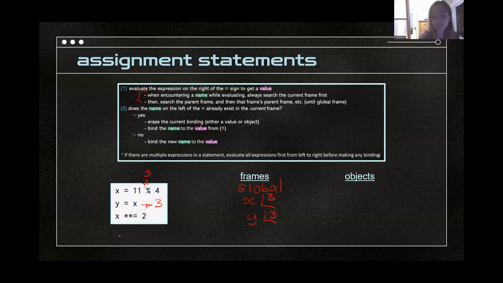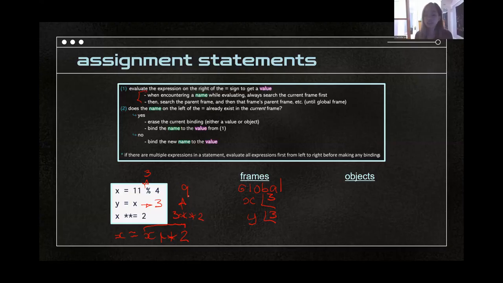The last assignment statement is equivalent to x equals x to the power of 2. Step 1, we evaluate the right side of the assignment statement. We encounter the name x. We search the current frame for the name x, and we find that x stores the value 3. So then this evaluates to 3 to the power of 2, which evaluates to 9.